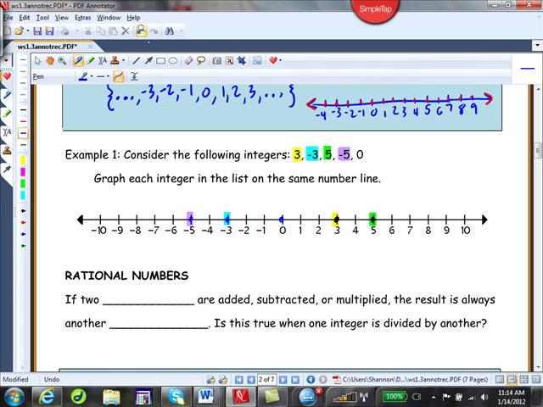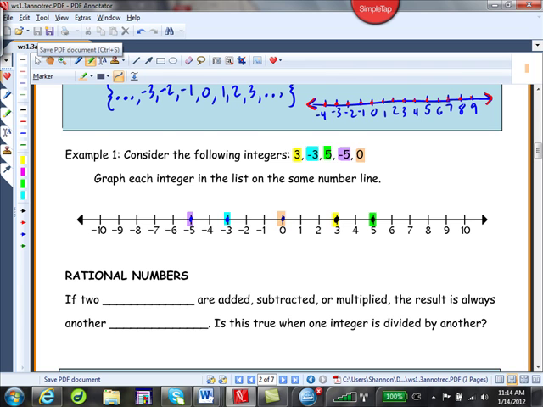Now let me get that more on the, there we go. And let's use this kind of orange color for 0. All right, so how'd you do? Everybody do okay on that one?